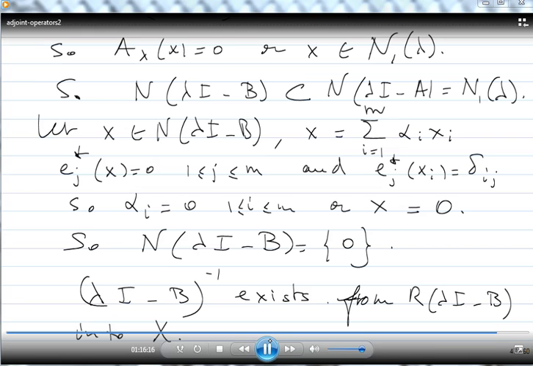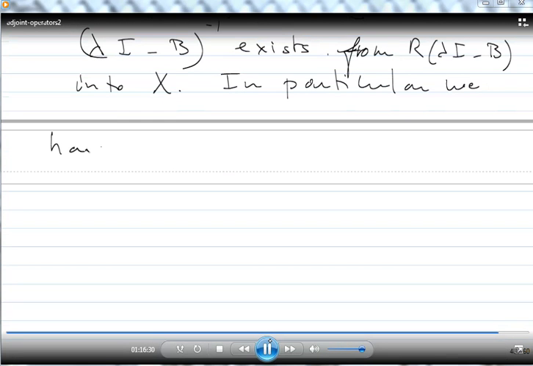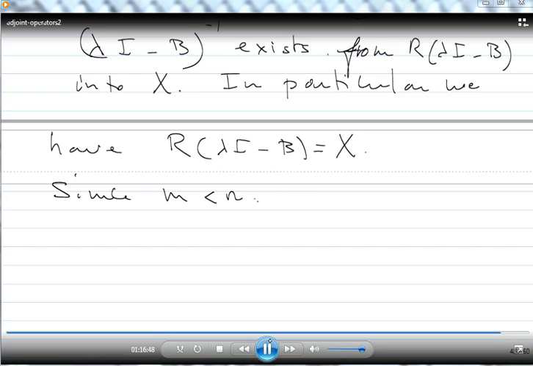In particular, we have the range equal to x. Now, since m is less than n, then n plus 1 is less or equal to what? To n.